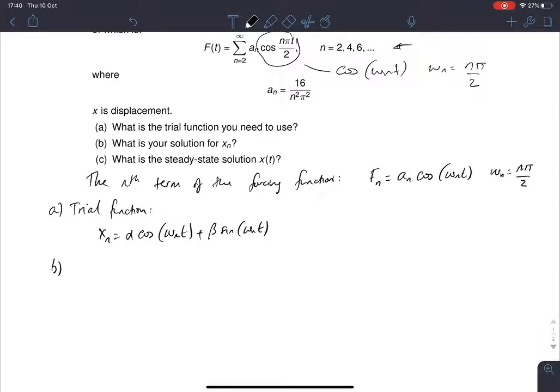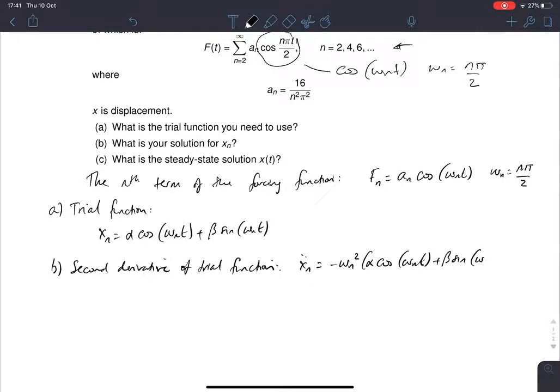So we've got our x n, which is our particular integral. We need to find the second derivative of the trial function, and that's straightforward. x n double dot equals minus omega n squared, and then we have basically the same trial function. So we substitute this into the equation of motion.